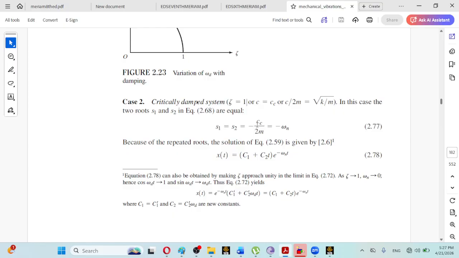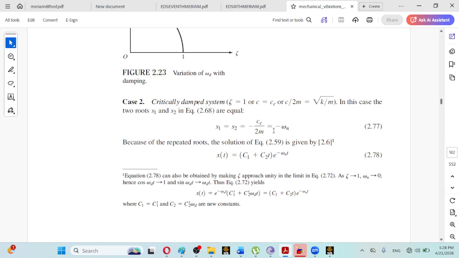So we can observe that for the critically damped system, both roots are the negative of the natural frequency or circular frequency, equation 2.77.